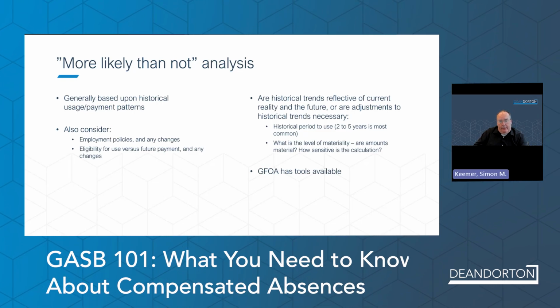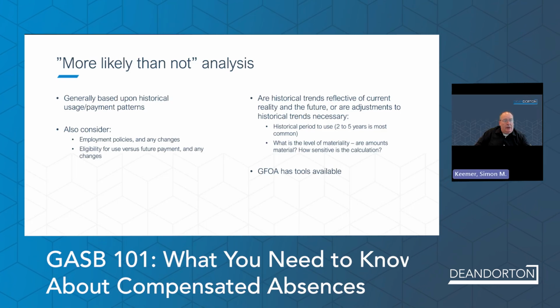So at my fiscal year end, I'm going to add up all of my sick pay, and only 25% of that will feed into the accrual. And my unrestricted sabbatical has a usage of 40%. So again, at the end of the fiscal year, I'm going to add up what everybody has earned for unrestricted sabbatical pay, and I'm going to recognize accrual for 40% of that. So you will calculate a percentage usage for each of these buckets.